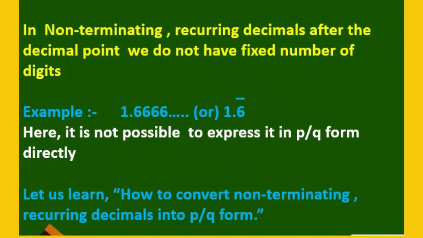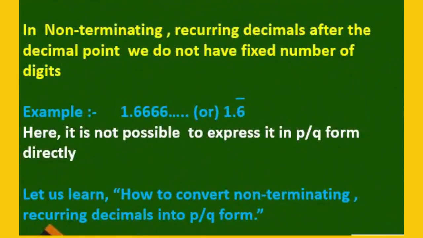Now, let us learn how to convert the non-terminating recurring decimals into P by Q form. Also take a note that 1.6666 can be written as 1.6 bar. The digits under the bar get repeated.